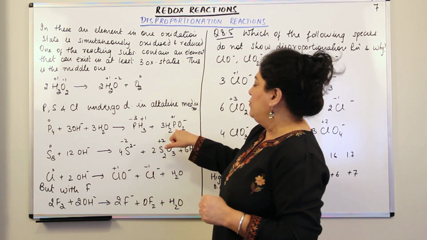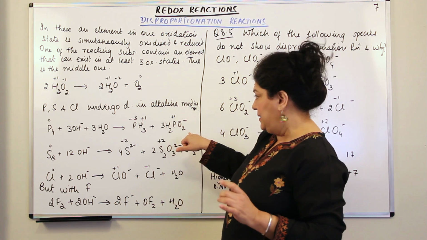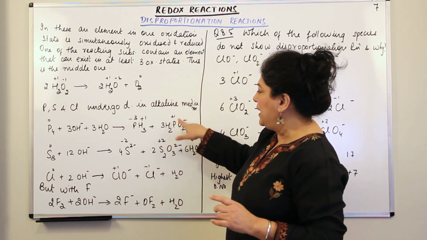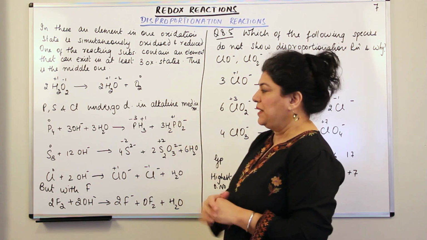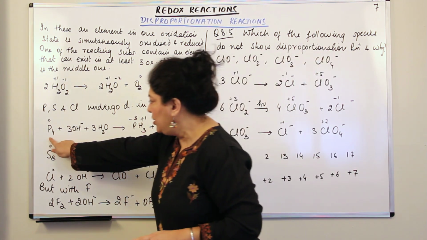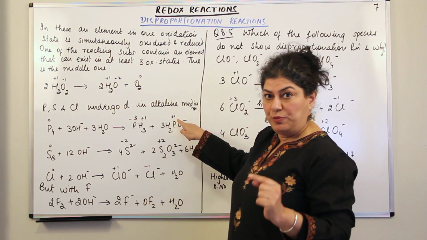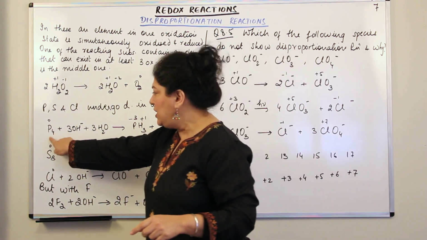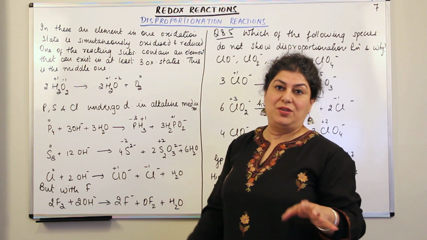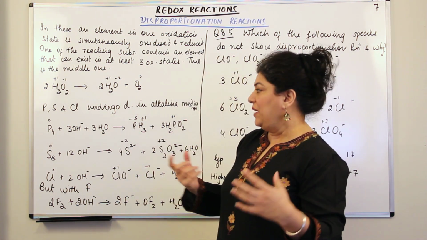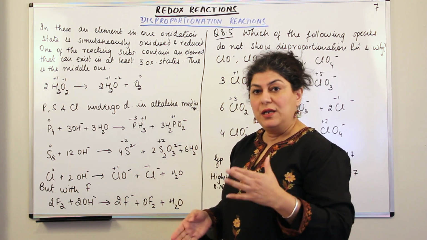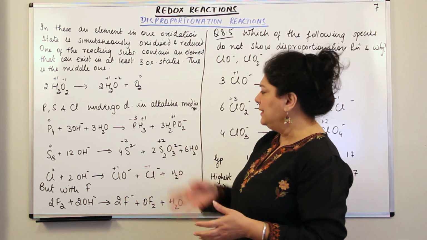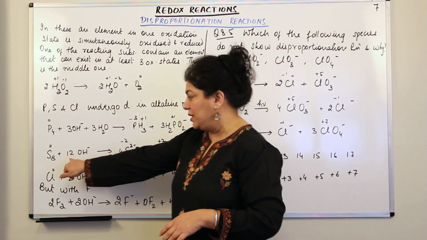And it also forms H2PO2 negative, where the charge on phosphorus is +1. So phosphorus from 0 went up to +1, which means it got oxidized, and from 0 it went down to -3, it got reduced. Therefore phosphorus here is showing disproportionation, and the reaction is a disproportionation reaction.